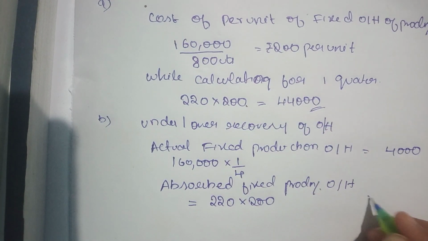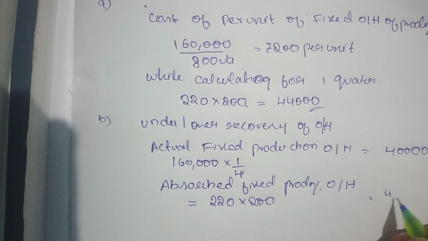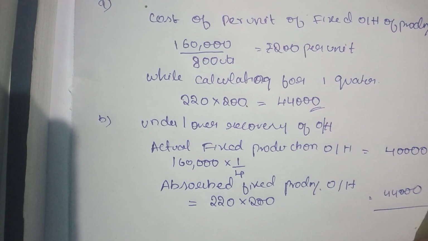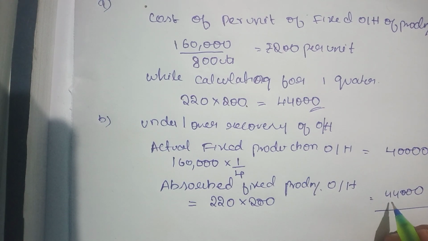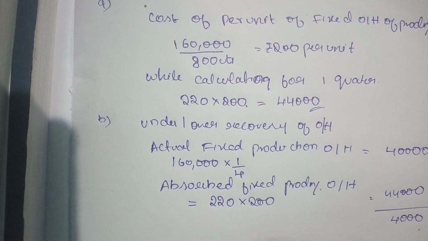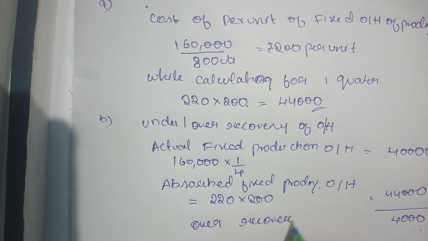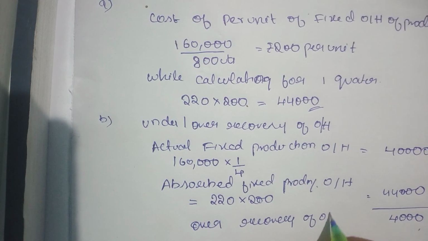So that we have to write down, 40,000 actual, and 44,000 absorbed, and there is an over recovery of overheads, that is 4,000.